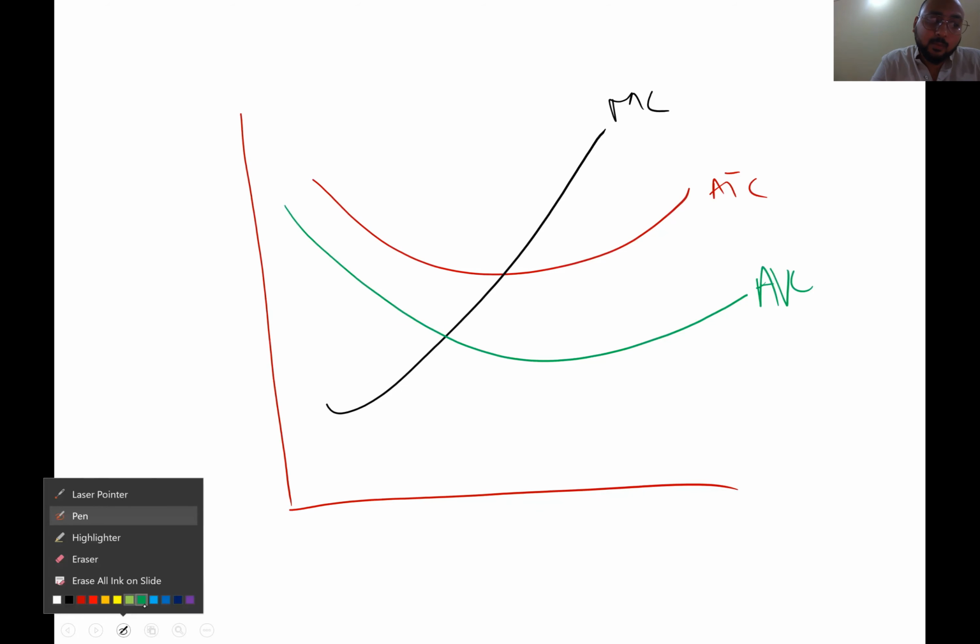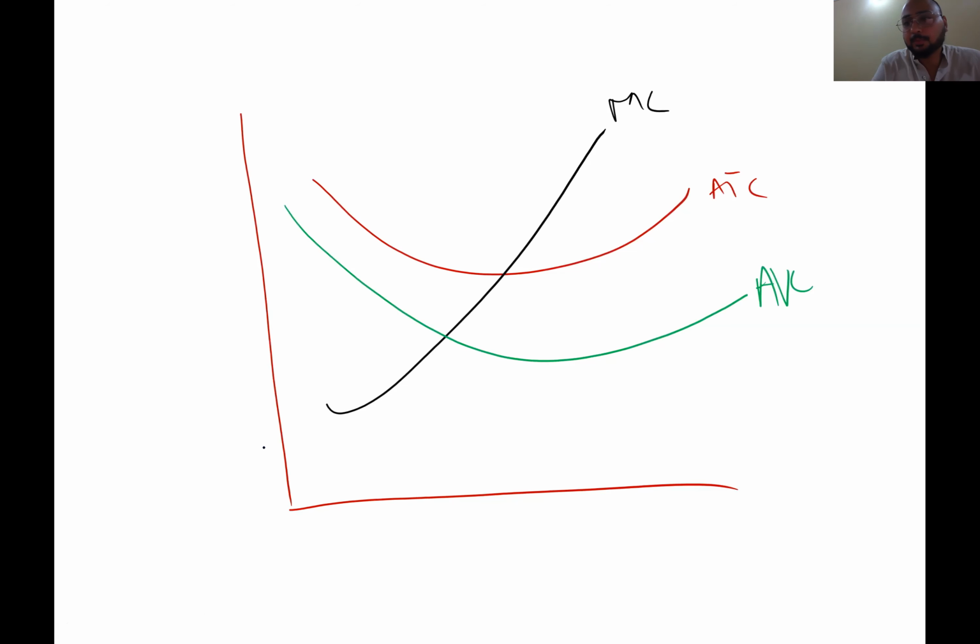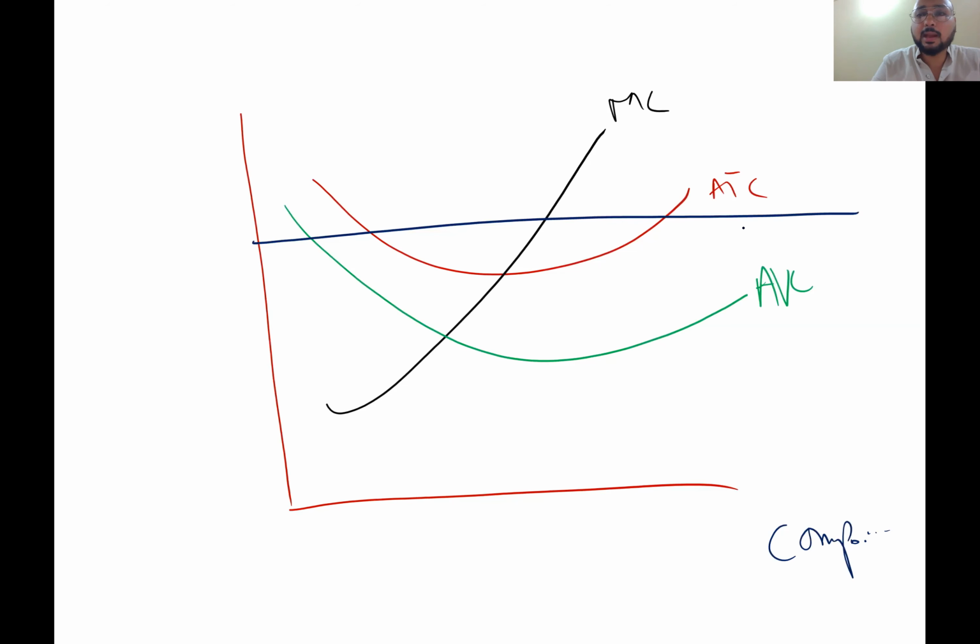Since we are dealing with competitive market, in competitive market, price is constant. So price is not upward or downward because everybody's price taker. Here we go. And we know that in perfect competition, price is equal to AR.